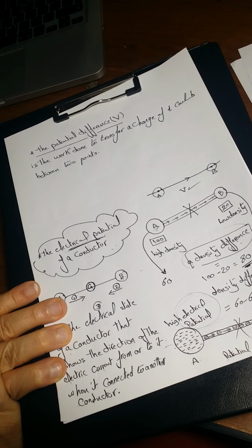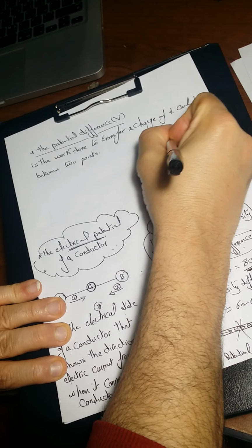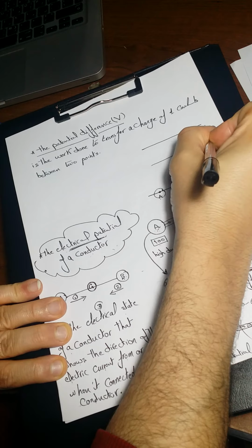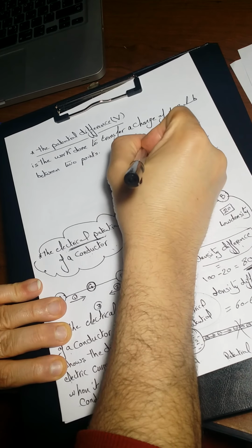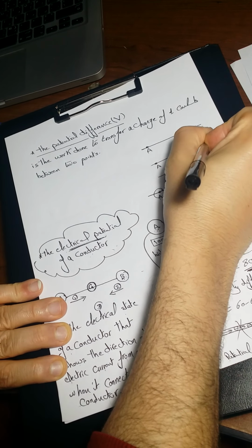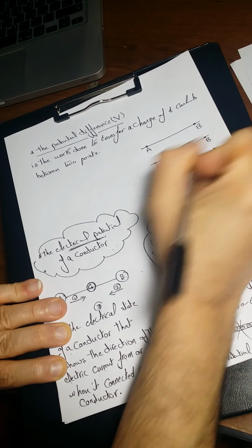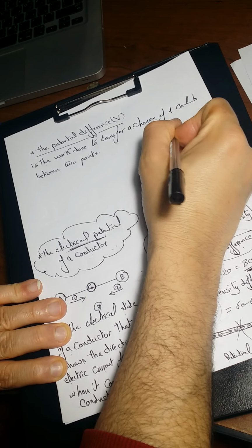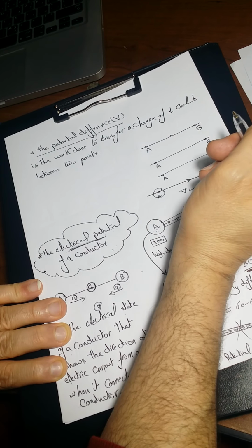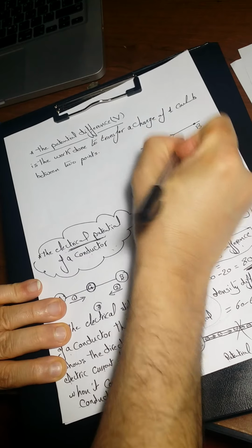What does it mean, guys? Say we have 3 wires, with point A and point B in each, and the electric current is moving in all of them in this direction.